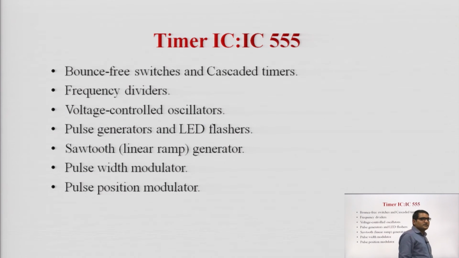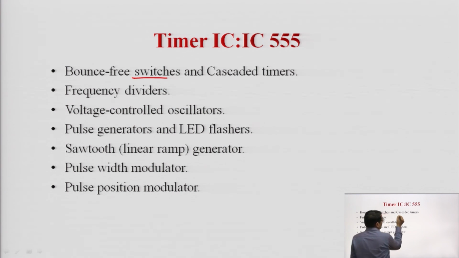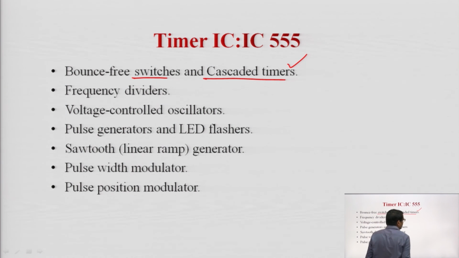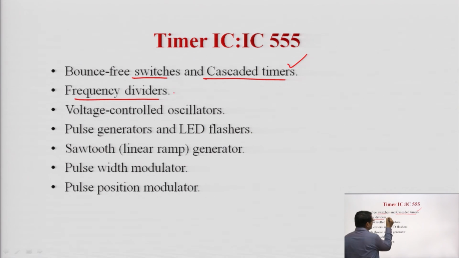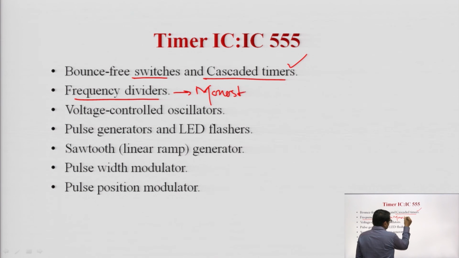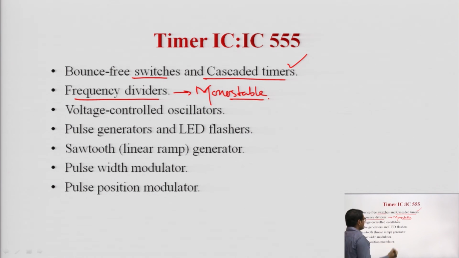These are some applications of the IC 555 timer: bounce free switches, cascaded timer, and use as a timer integrated circuit. It can be used as a frequency divider in monostable operation, or as a pulse detector.